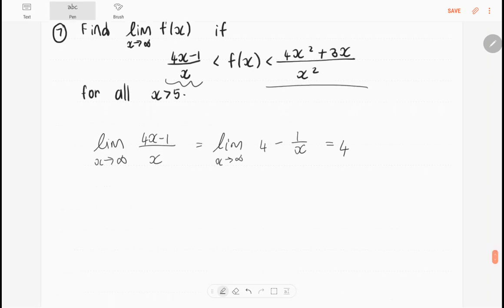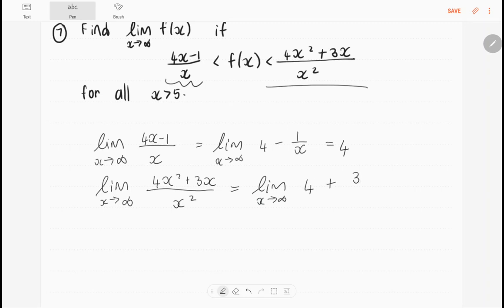Now we look at the right-hand side, so the limit as x approaches infinity of 4x squared plus 3x over x squared is going to be the limit as x approaches infinity of 4 plus 3 over x. And what is that? Once again, that's 4.